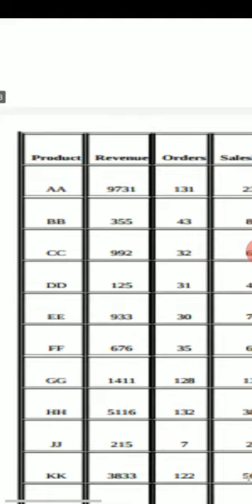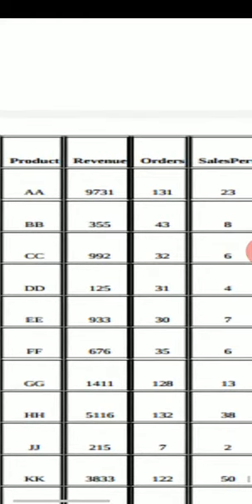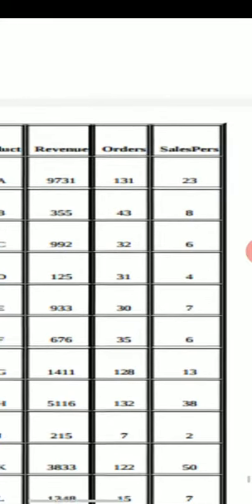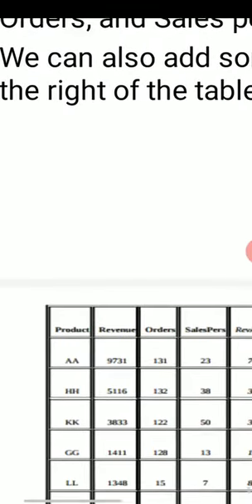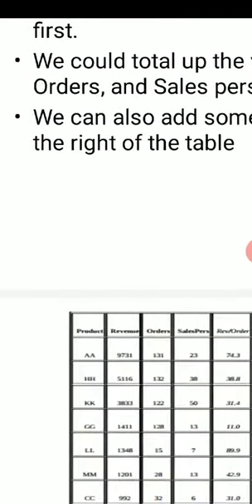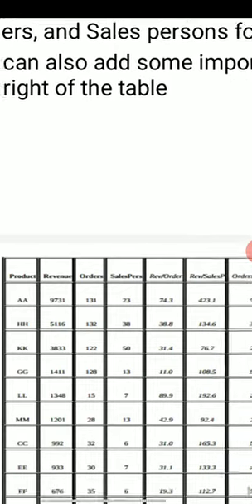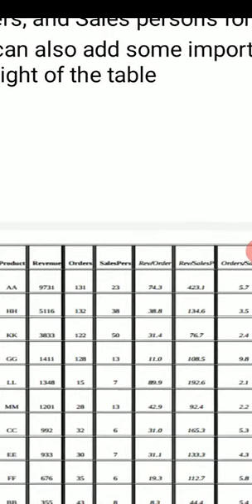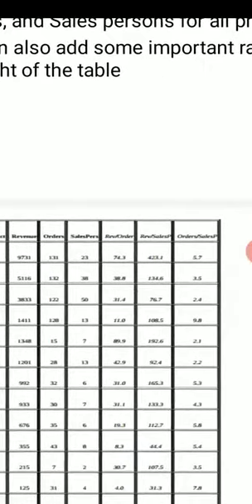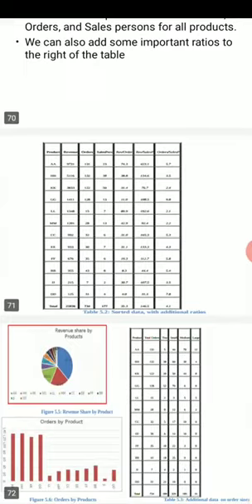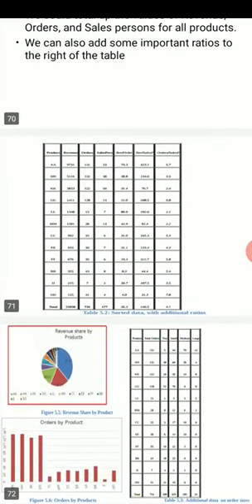Here is data based on product, revenue, orders, and salesperson. In detail, product wise revenue, orders, salesperson, revenue per order, revenue per salesman, and orders per salesman can be evaluated, and it should be visualized.